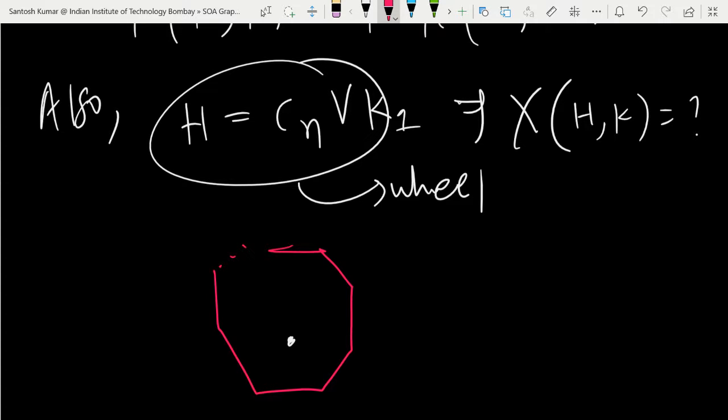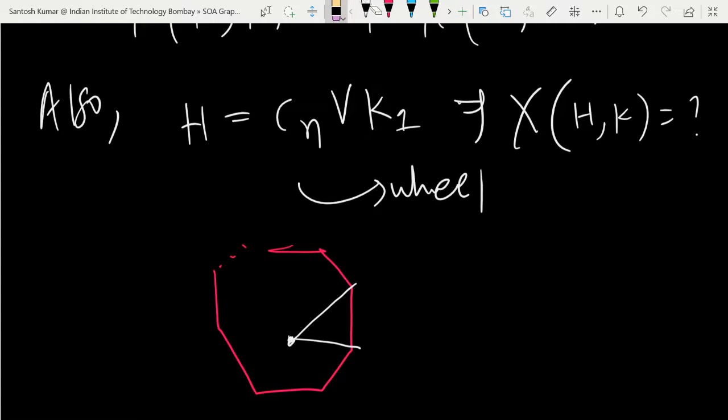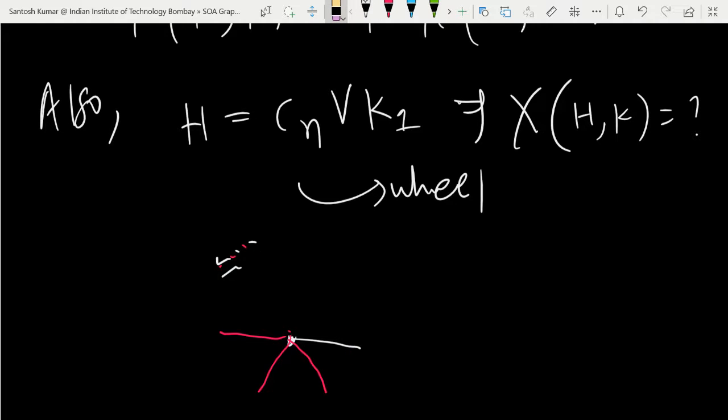Cn join K1 means every vertex of Cn will be joined to K1. And n is not fixed, so dot dot dot, you can make as many as you want.